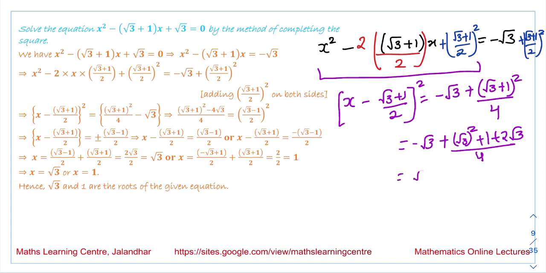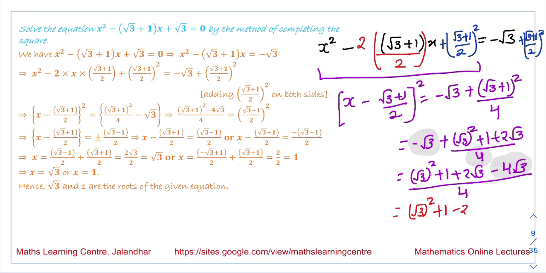This is equal to root 3 square plus 1 plus 2 root 3 minus 4 root 3 by 4. We have taken the LCM over here. This 4 and minus root 3 become equal to this term. So this is equal to root 3 square plus 1 minus 2 root 3 by 4, and the answer we will get is root 3 minus 1 whole square by 4.